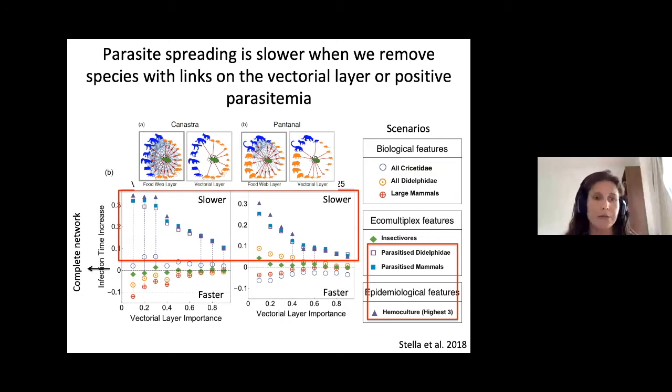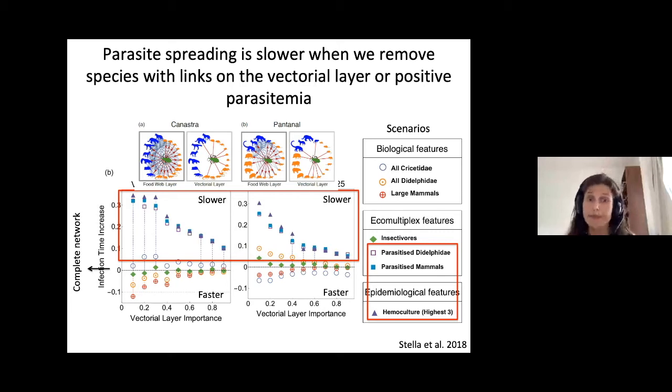The second general result is that parasite spreading is much slower when we remove the species that had interactions on the vectorial layer, that are the squares in this plot, which we call the ecomultiplex features. This reduction was very similar to the scenarios when we removed the species that showed the highest positive parasitemias in the local studies, the triangles, which we call the epidemiological features.